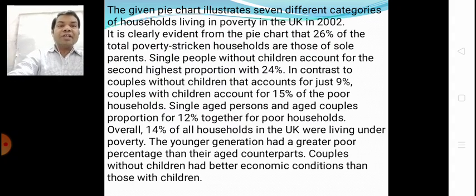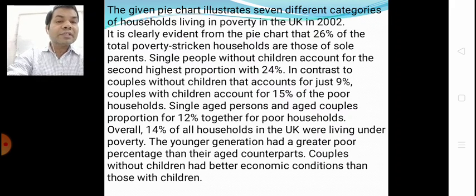So let us write it. The given pie chart illustrates 7 different categories of households living in poverty in the UK in 2002. It is clearly evident from the pie chart that 26% of the total poverty-stricken households are those of sole parents. Single people without children account for the second highest proportion with 24%.